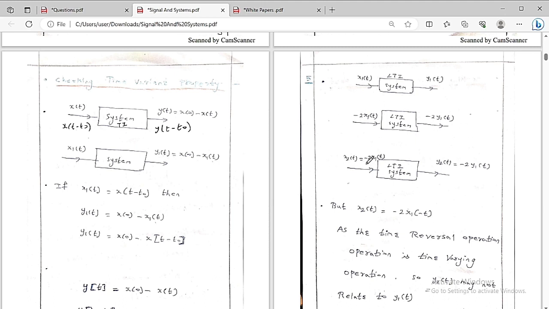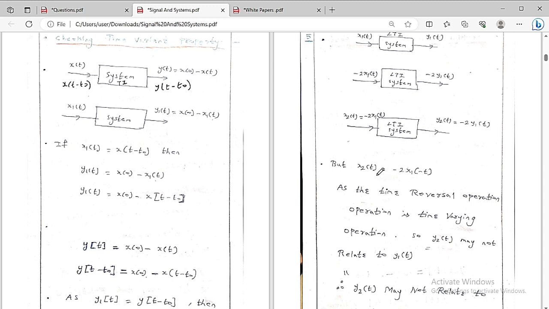If x2 of t is equal to minus 2 into x1 of t, then y2 of t is equal to minus 2 into y1 of t. But if x2 of t is equal to minus 2 into x1 of minus t, this is the time reversal property. I want you to remember only one thing. If x2 of t is equal to minus 2 into x1 of t, then y2 of t is equal to minus 2 into y1 of t.